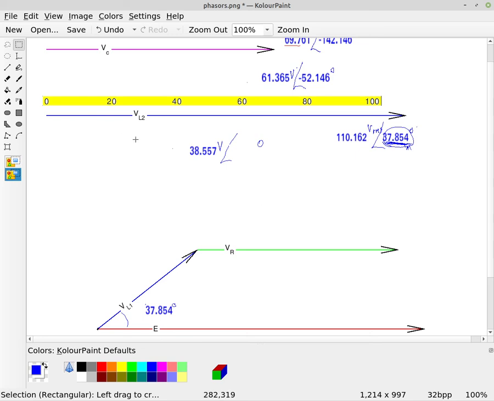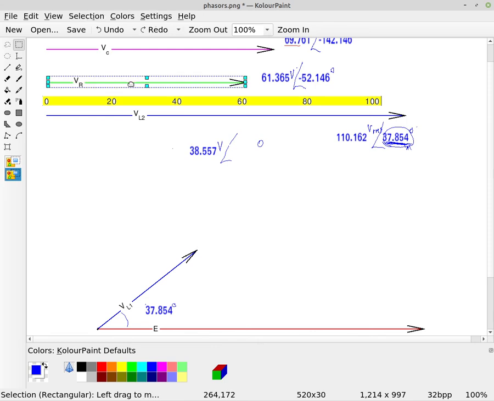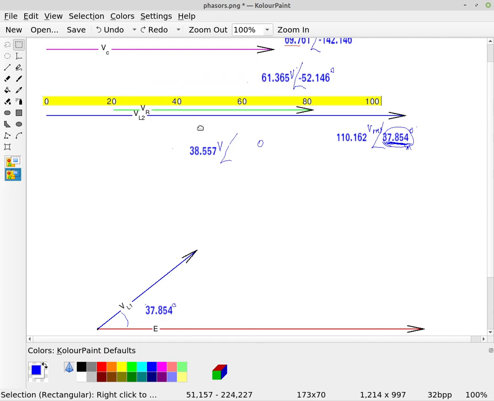And then I'm going to add, again, we could do either one here. I'm sorry, the voltage across the resistor is always in phase with the current.